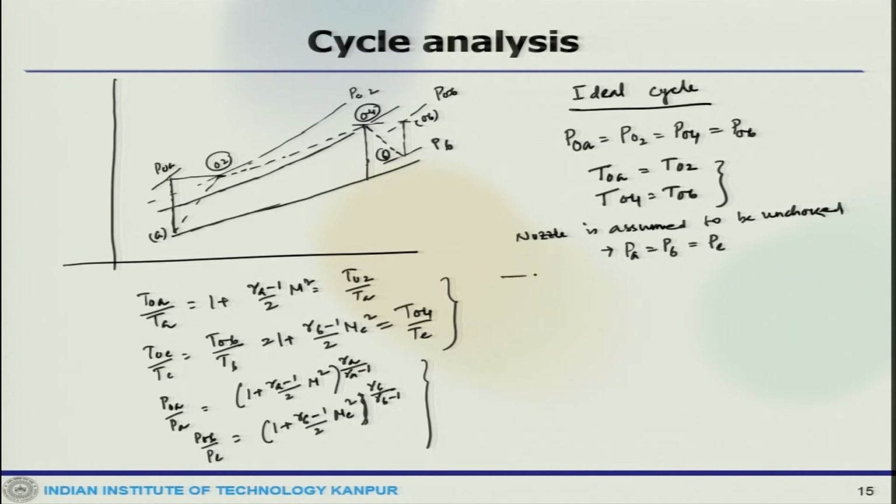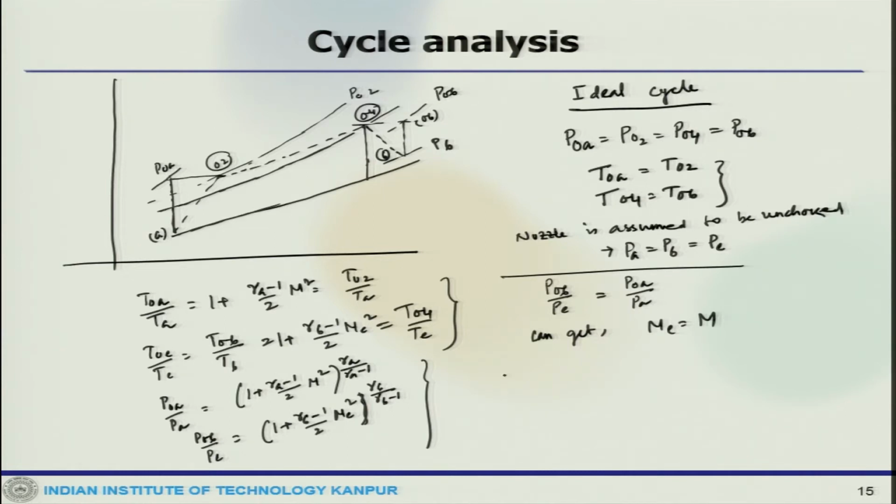Now, we also have P naught 6 by P E is P naught A by P A. So, we can arrive at the relation that M E is M. Though the inlet and exit Mach numbers are equal, the exit speed is not equal to the flight speed.